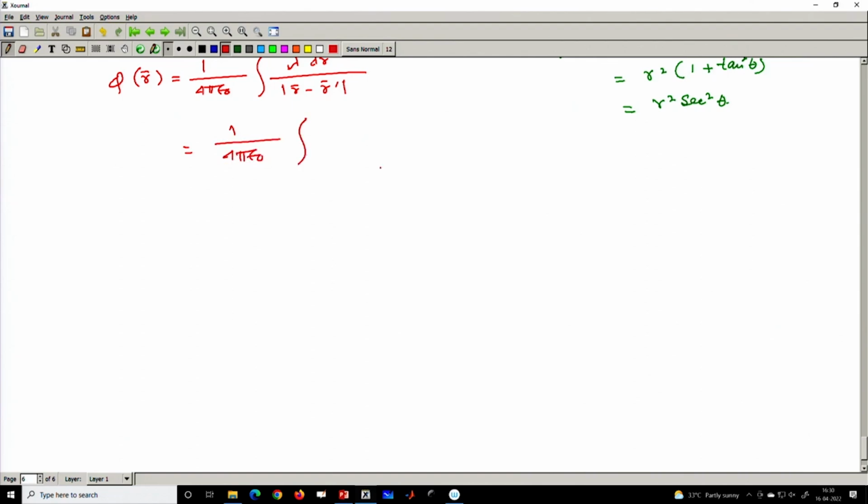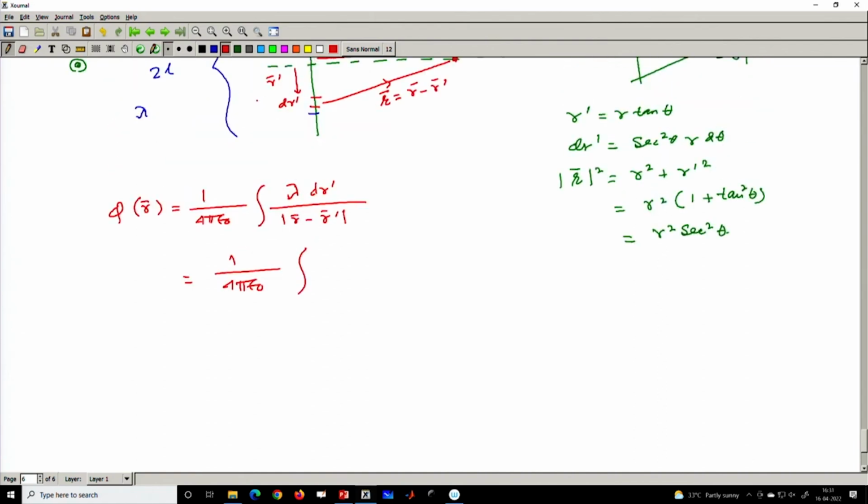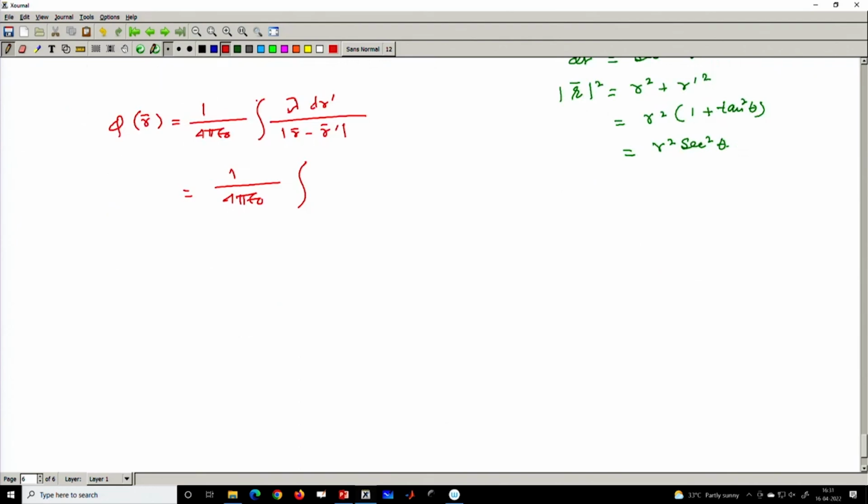I need to put the boundaries here: dr prime goes from minus L to plus L, that we will put later. So, lambda dr prime, and this quantity is root over r square plus r prime square.